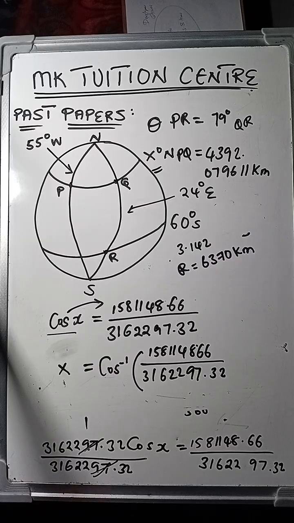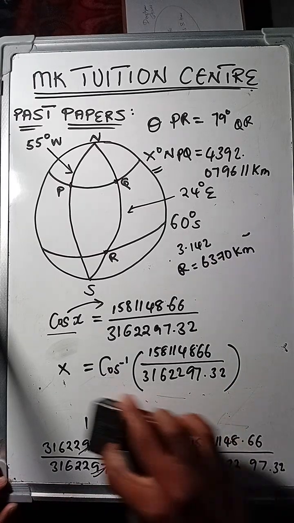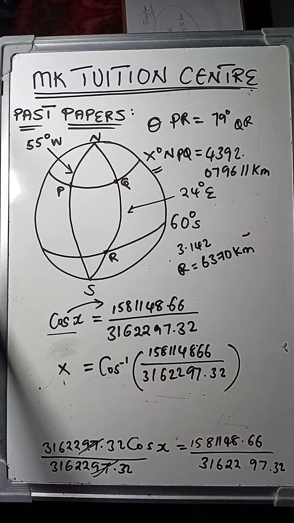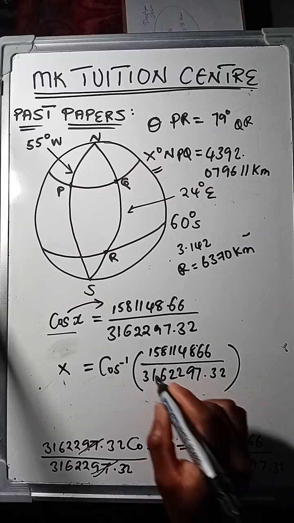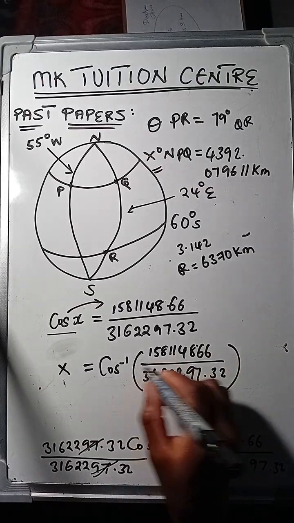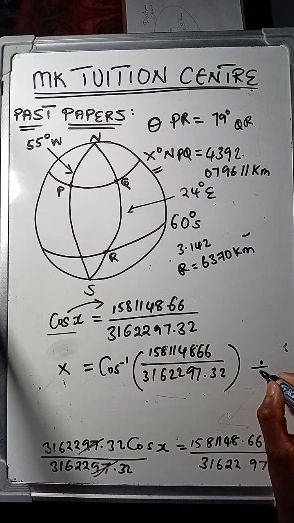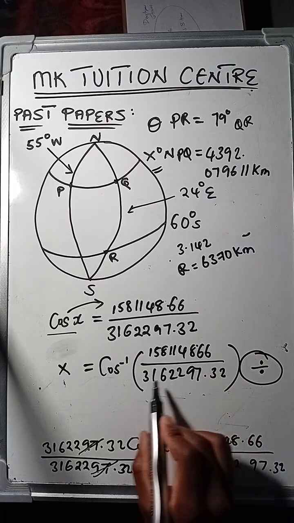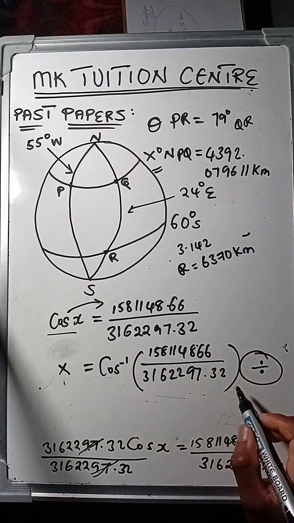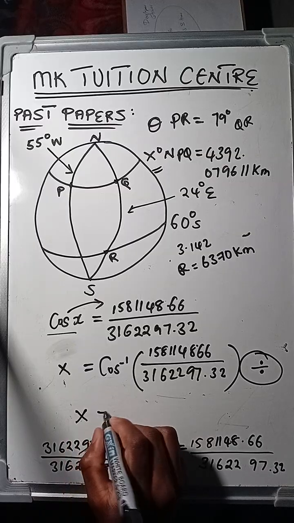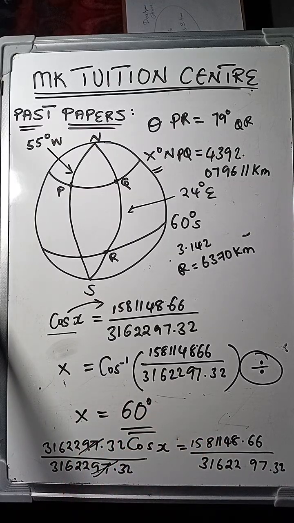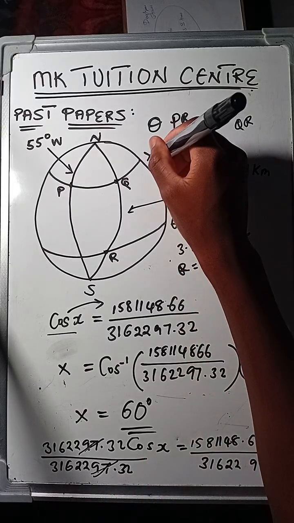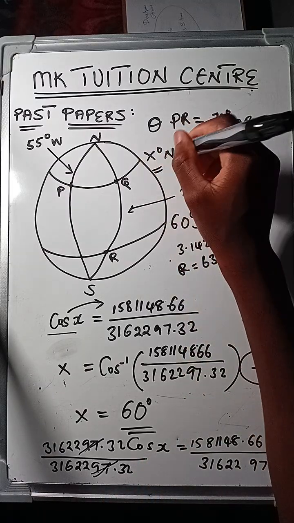Now you're going to punch on your calculator. Make sure you say cos inverse, you open, you write that figure, and for this division you can use this sign here, and then you close. Your final answer should give you 60 degrees. So x is going to be 60 degrees, and when you plug it here, it becomes 60 degrees north.